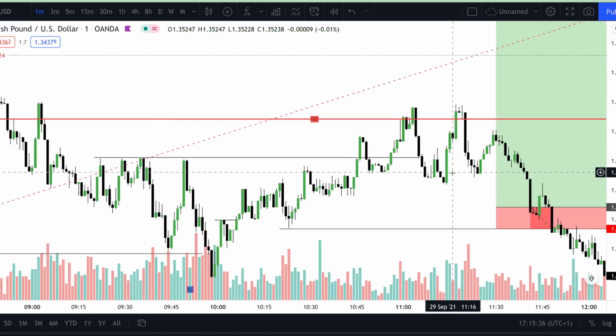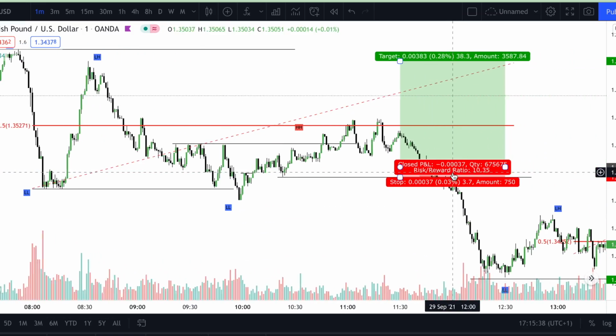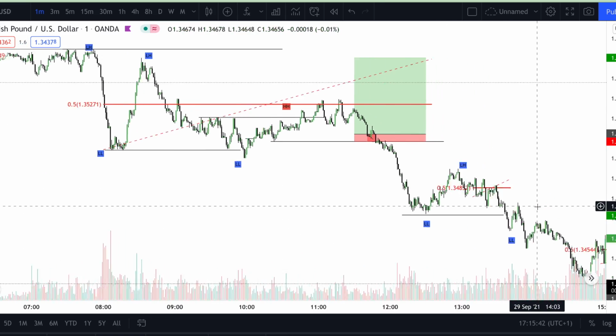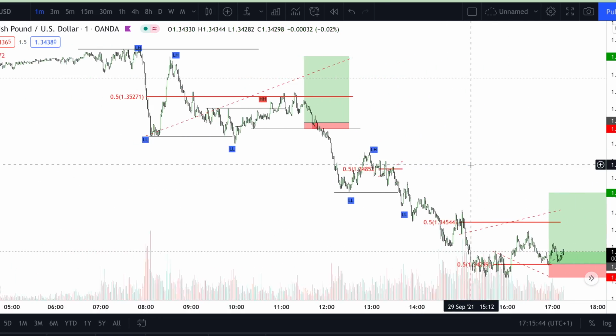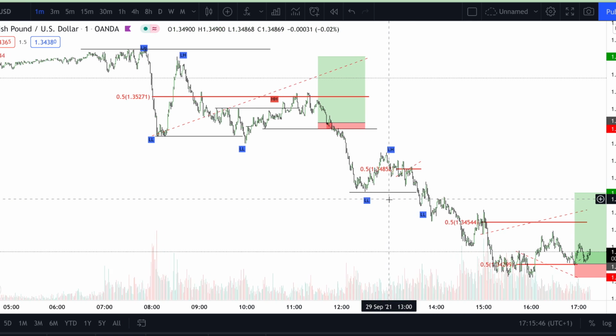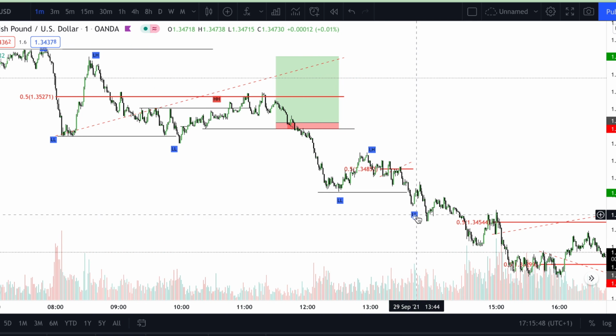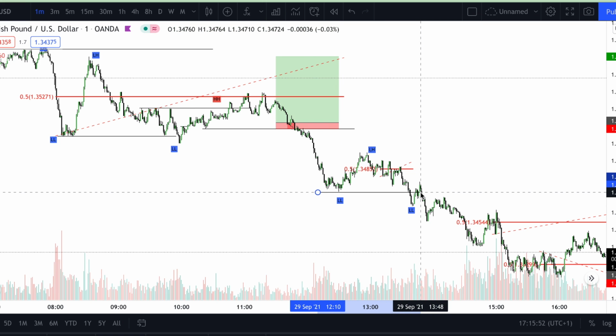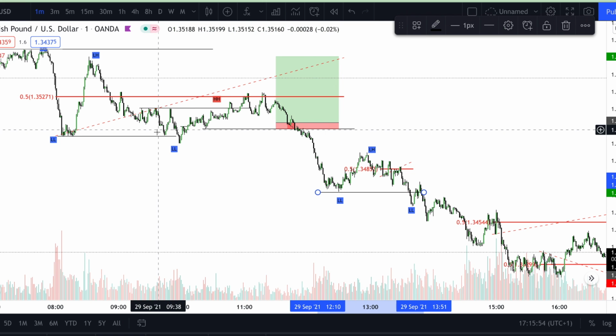But obviously my views were wrong, and then price came lower again. You need to realize this. Whenever price makes a new low, right, we need the price to come to the previous area and then push to the downside.